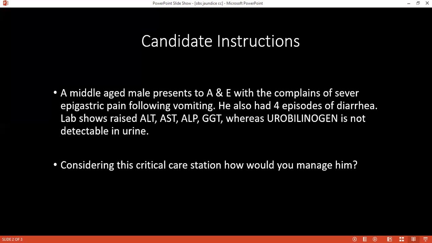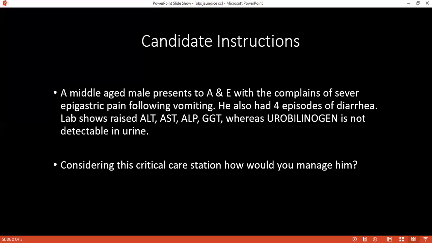It is water insoluble, so it is bound to the protein albumin until it reaches the liver sinusoid, and then is released from albumin, entering the liver.